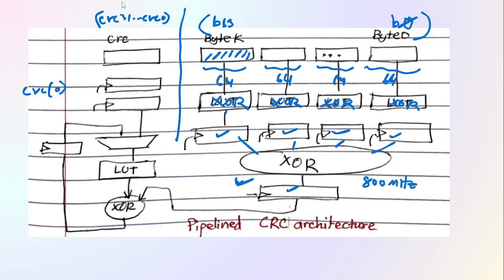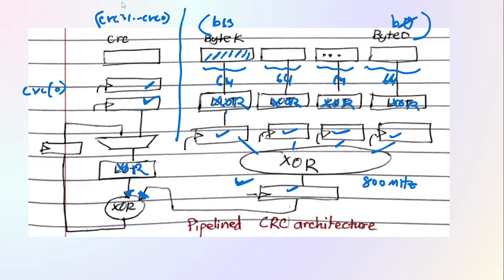And in parallel to this, I also have some bits from CRC31 down to 0. Because I'm not using 2 levels there, I'll just put delay flops here, two delay flops, and then I will put my XOR here. Instead of a lookup table, I'll do my XOR. This will arrive at the same time as the one coming from the data.